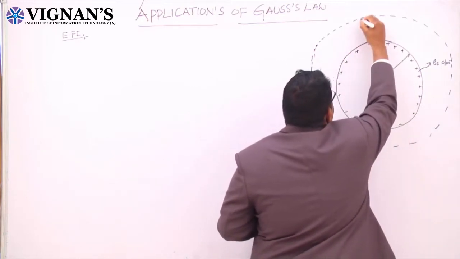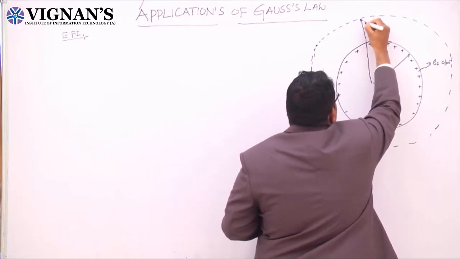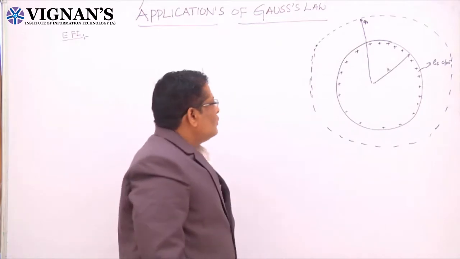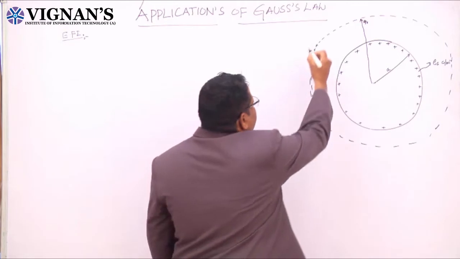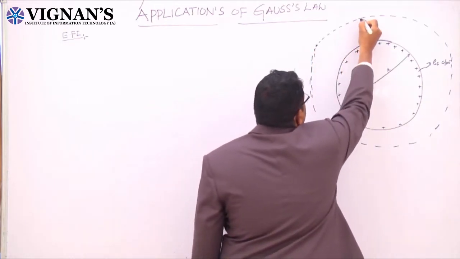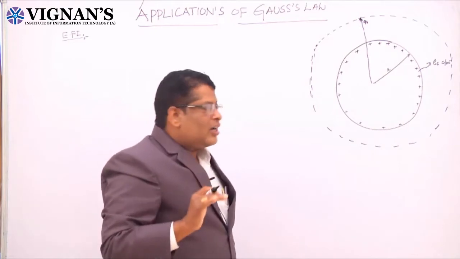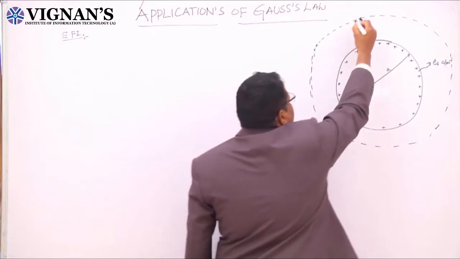The radius of the sphere is r, the small r. We are finding the electric field intensity at this point, or any point on the Gaussian surface.